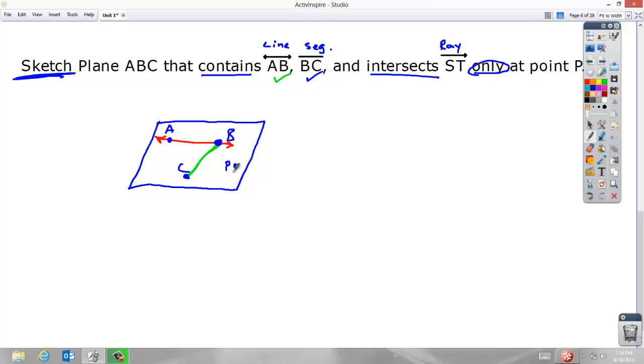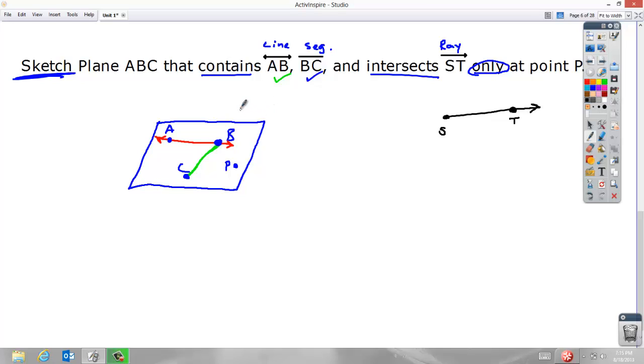Point P. We need to draw a ray. This is what ray ST would look like, right? We need to draw a ray that looks like this, but we want it to intersect this plane only at this point. So if you have some thoughts on how to do that, you can go ahead and pause it and give it a try.